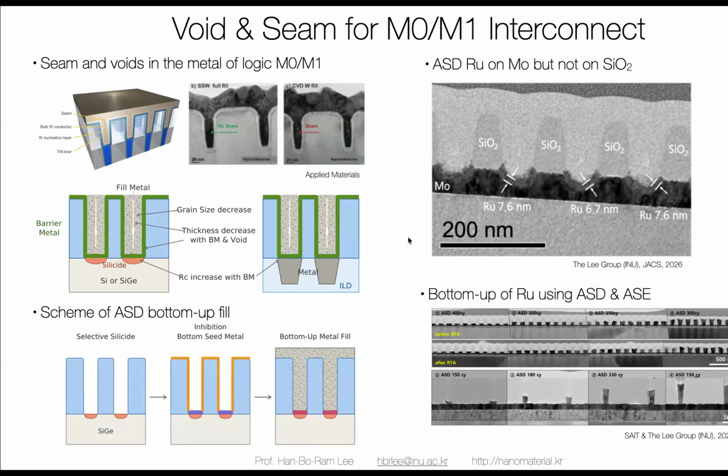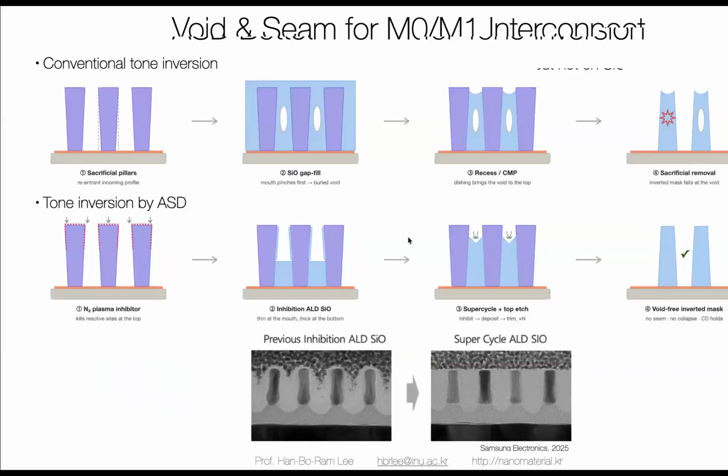If you keep growing the ruthenium, you can grow more from the bottom to the top. And then by using the ASD and ASE concept, we successfully demonstrated real bottom-up growth with Samsung Electronics. This is very promising, but we have to study it more.